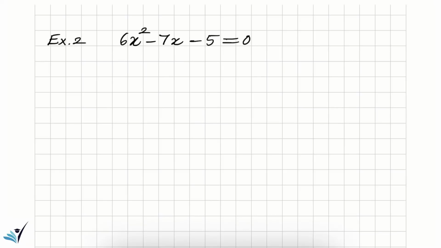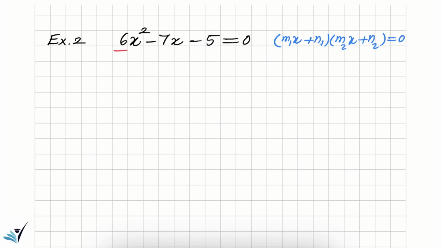Similar to the previous example, we cannot get rid of this x squared multiplier by just dividing all the terms by 6, because the other terms are not divisible by 6. So we're going to use a general form of the factoring method, and as a reminder, I'm going to rewrite that here. So the factored form is (m1x plus n1)(m2x plus n2) equals 0.